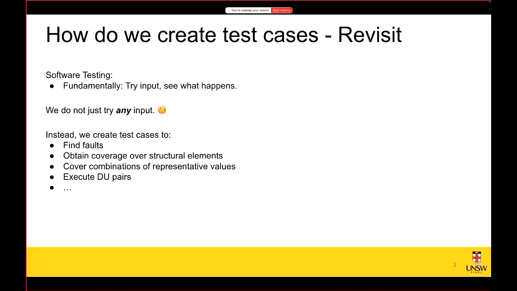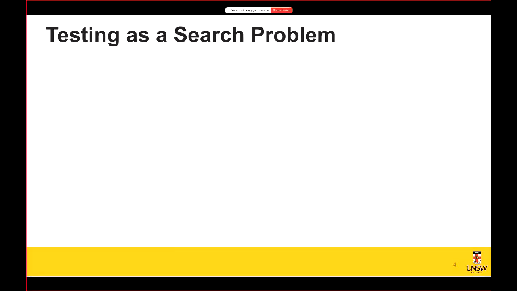The test cases that can fulfill the targets are the desired test cases we want, right? What these targets all have in common is that we have some objective to achieve with the set of test cases we are creating. That's why we can model testing as a search problem.